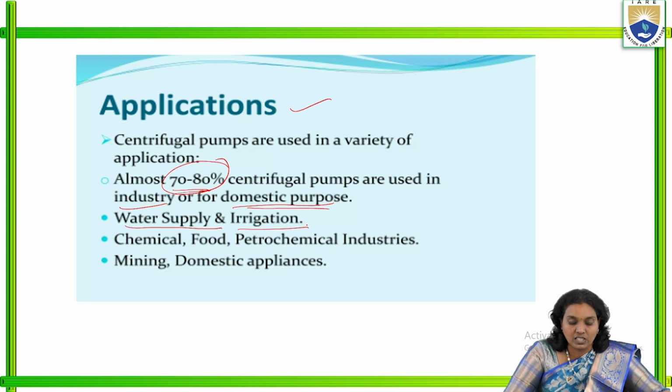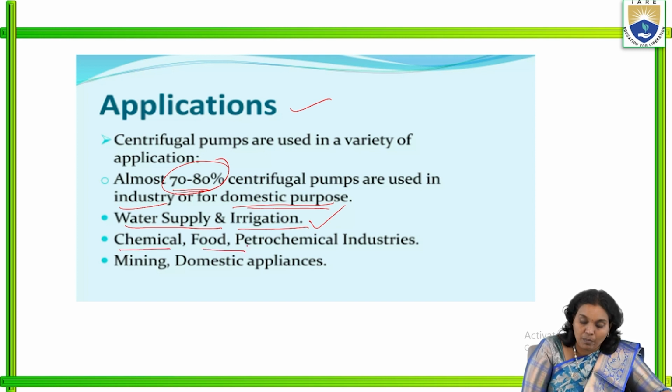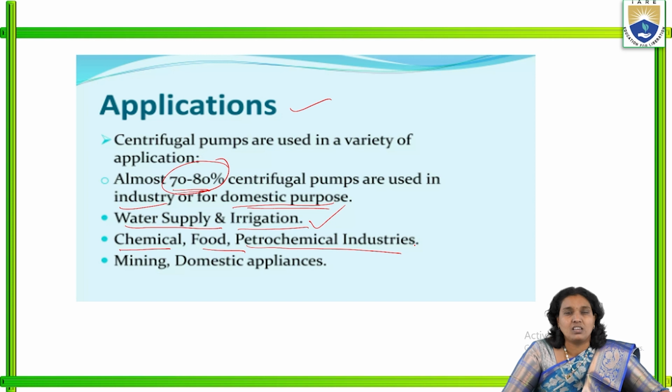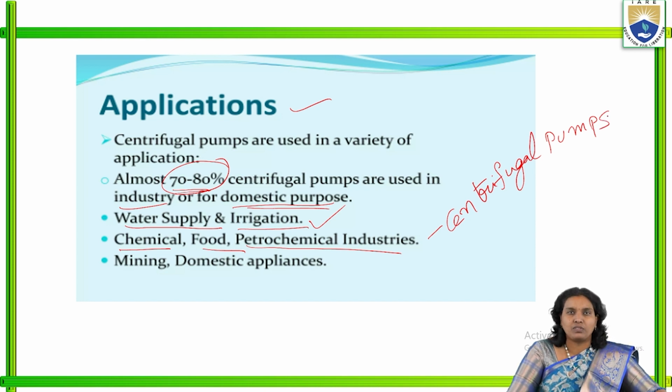In the chemical, food and petrochemical industries we mostly choose centrifugal pumps.